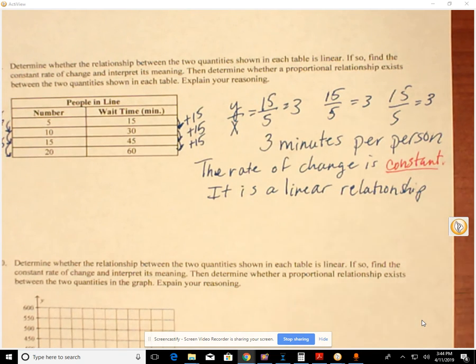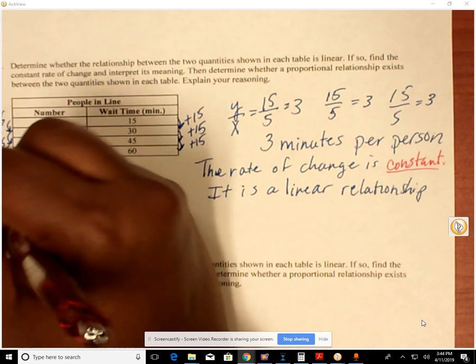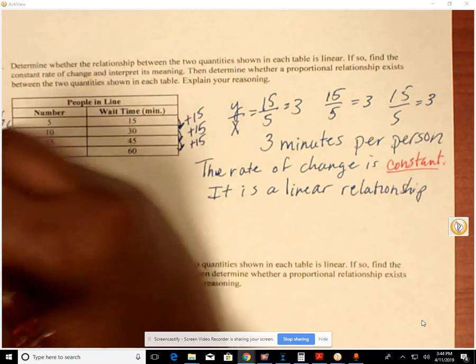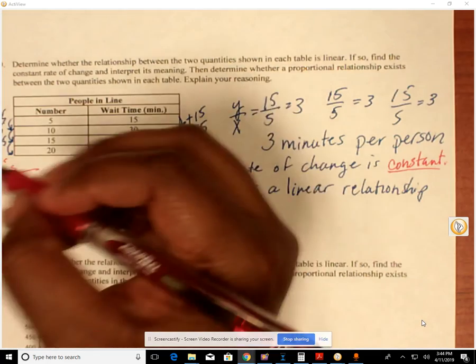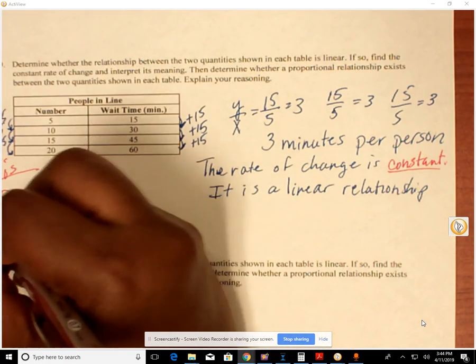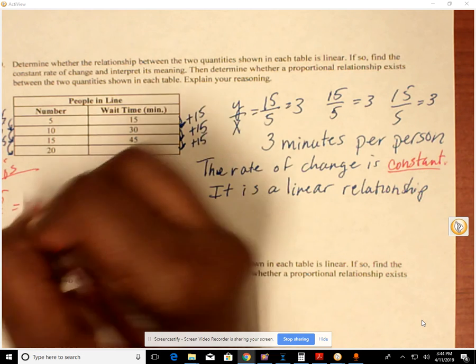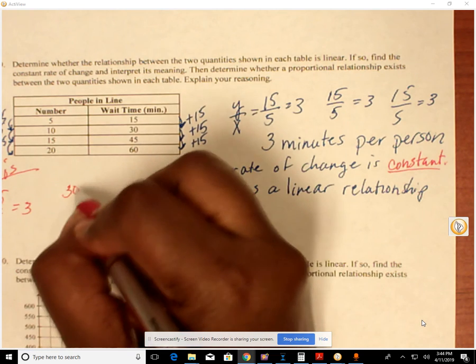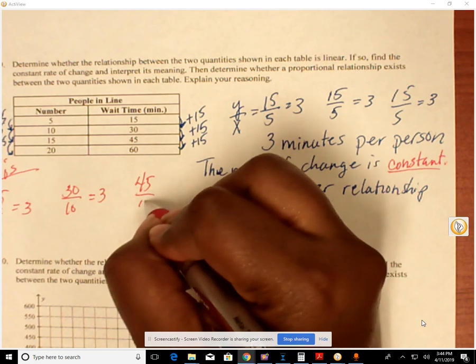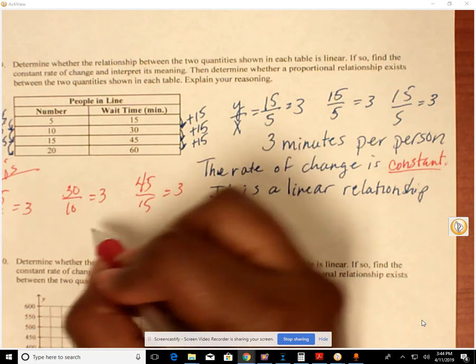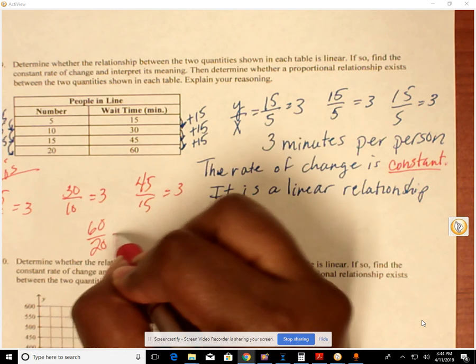So next we need to do our ratios, because if the ratios are not constant, then it's not proportional, because they both have to be constant. So the ratios are comparing wait time to number of people in line. So 15 divided by 5 is 3. 30 divided by 10 is 3. 45 divided by 15 is 3. And then 60 divided by 20 is 3.